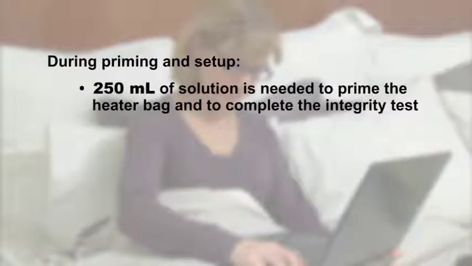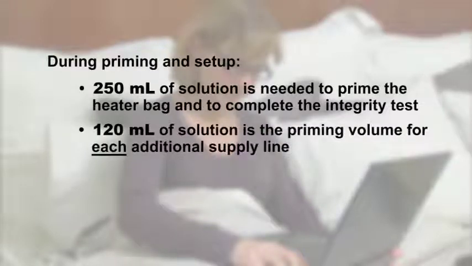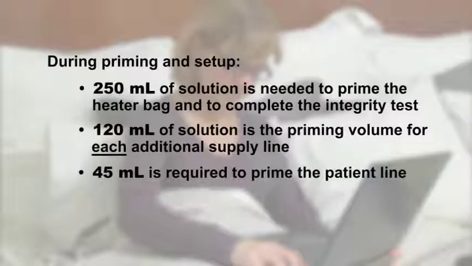During priming and setup, 250 milliliters of solution is needed to prime the heater bag and to complete the integrity test. 120 milliliters of solution is the priming volume for each additional supply line. 45 milliliters is required to prime the patient line.